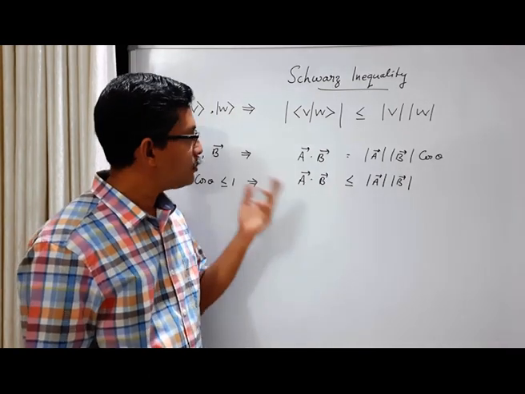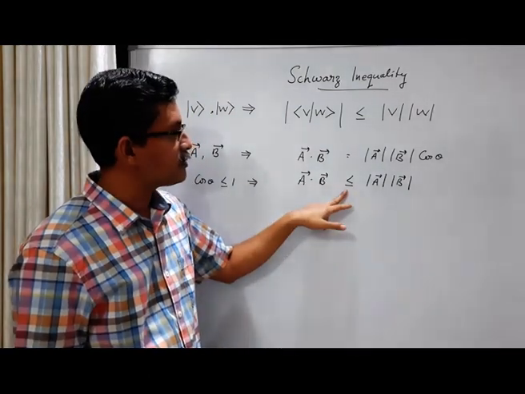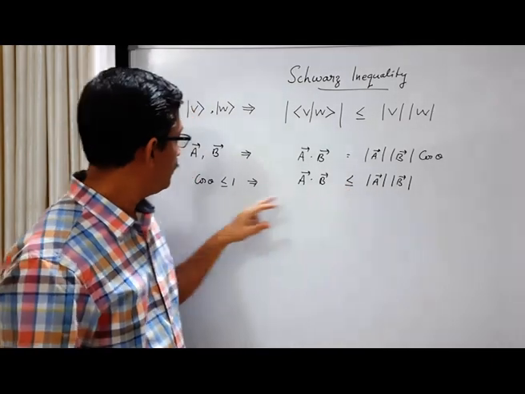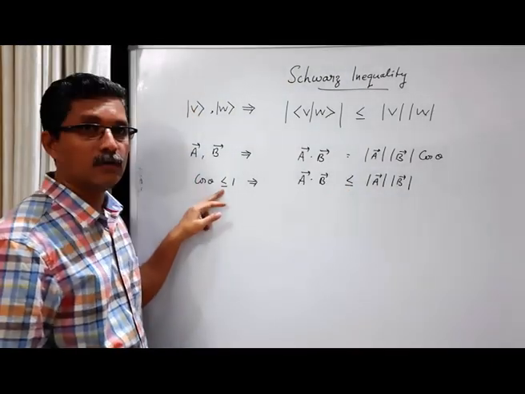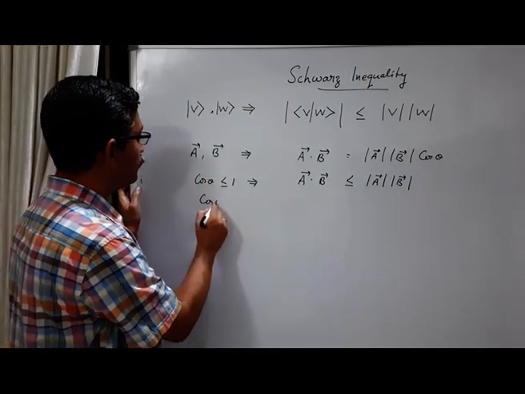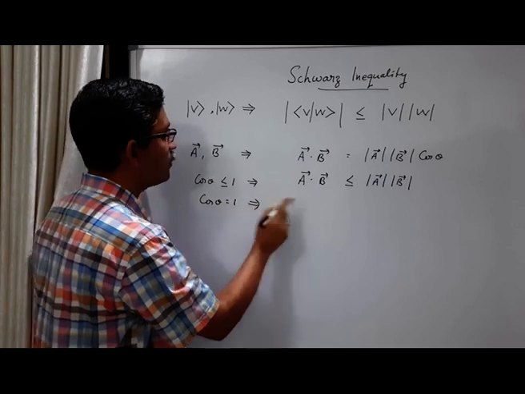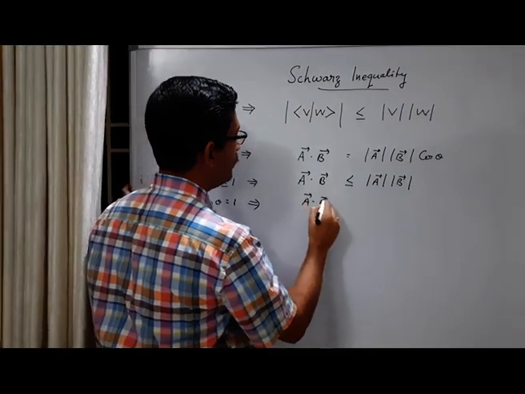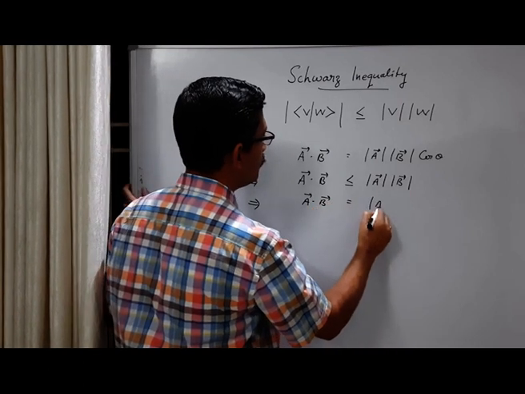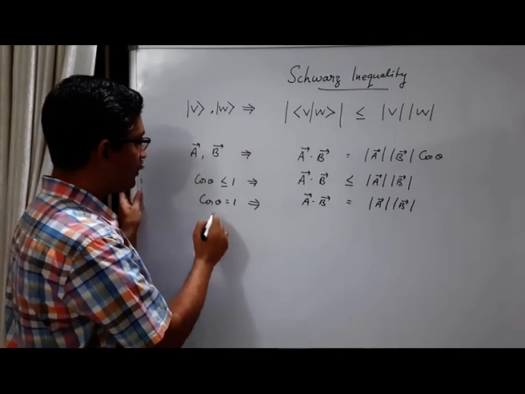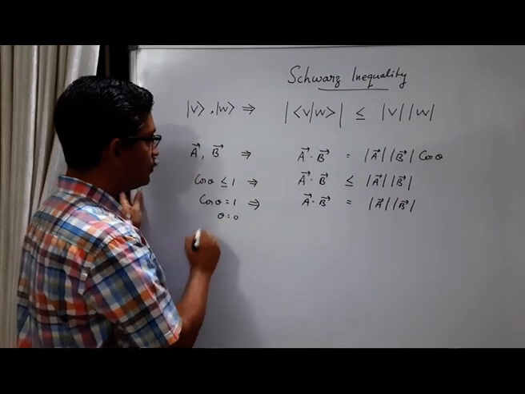Let us also see when this inequality becomes an equality. When does it become equal? When cos theta is equal to 1, we get A dot B equal to mod A mod B. What does cos theta equal to 1 mean? Theta equal to 0.